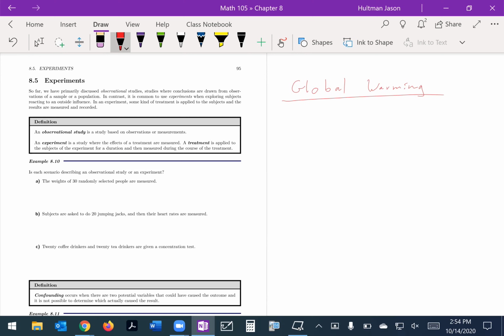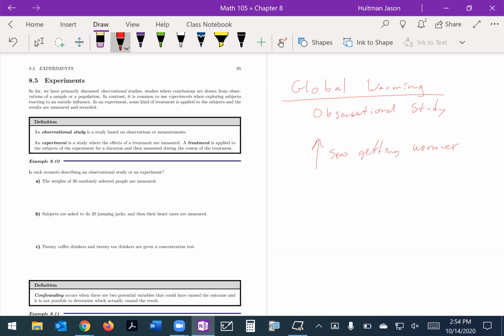Global warming is what's called an observational study. What does that mean? It means that people have observed that the seas are getting warmer.